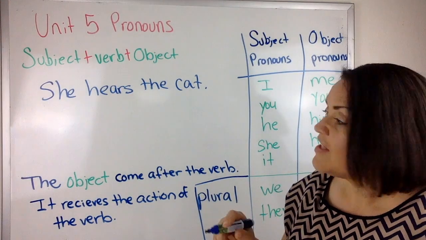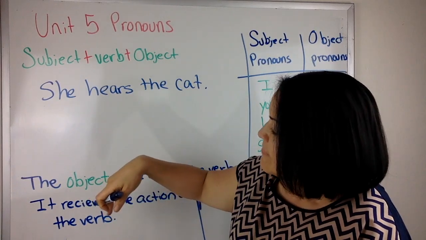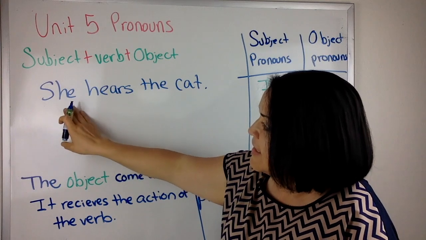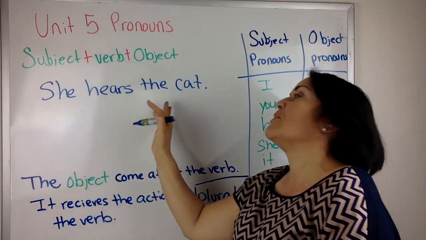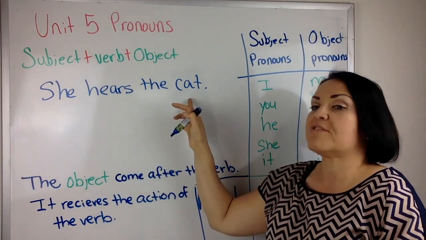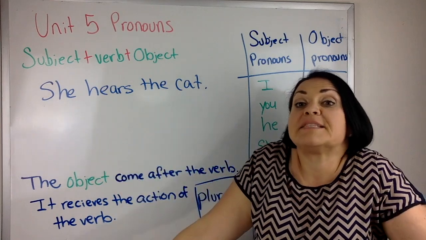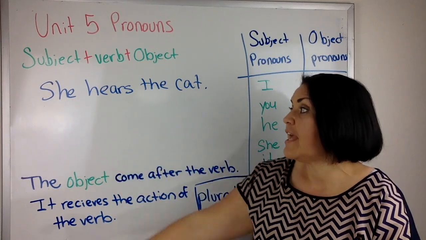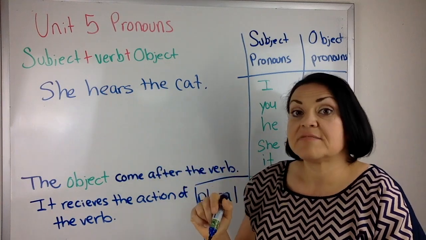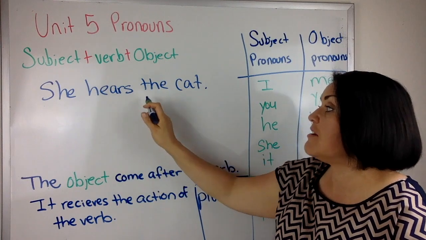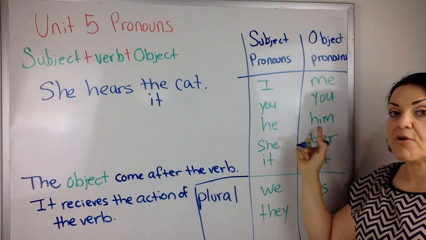She hears the cat. Now, we know the cat is the object because it's after the verb. Anything that goes before the verb becomes the subject. She hears the cat. We can change this to be simple, like she hears it.